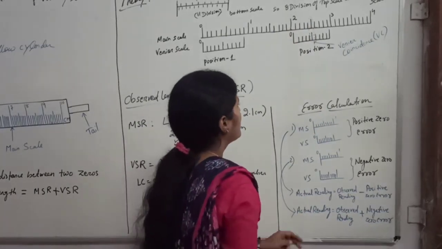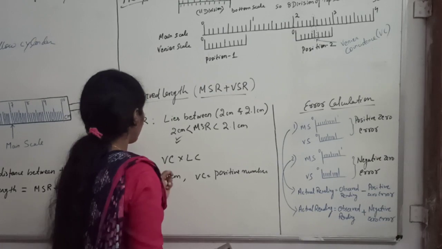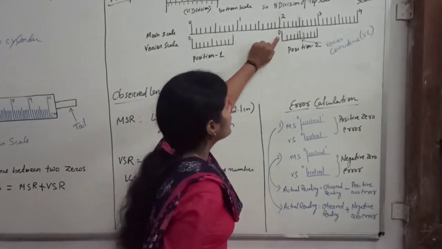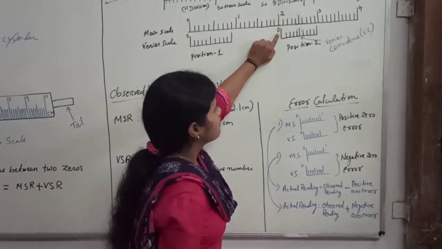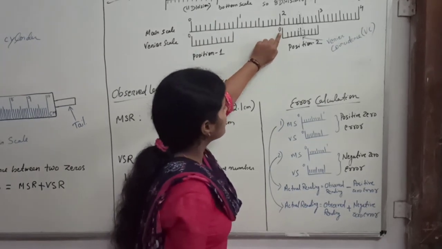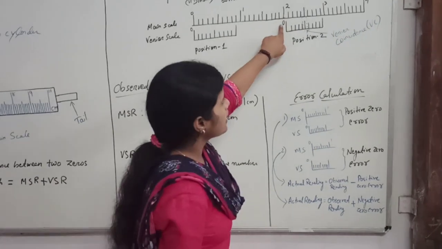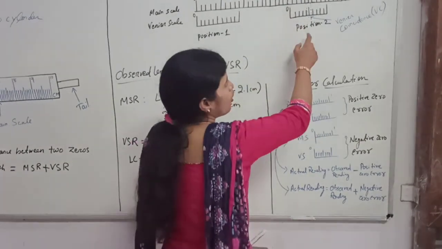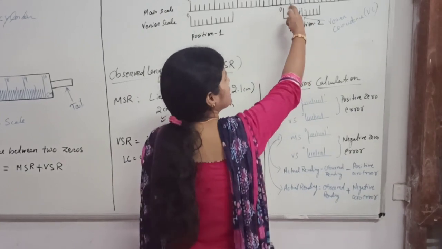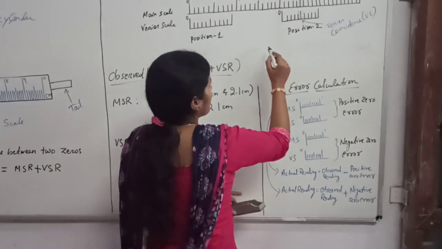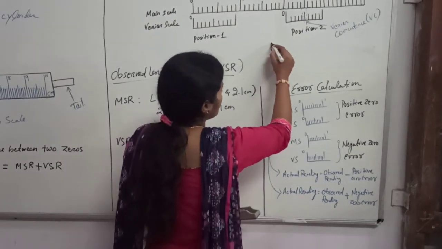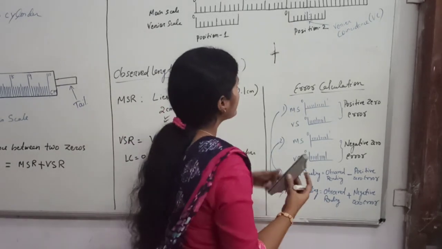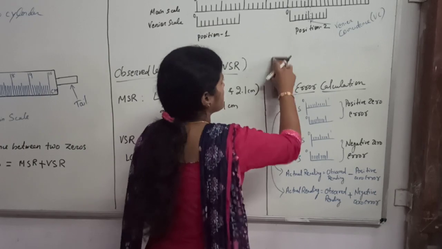How to find it? For vernier coincidence, you have to ignore the zero line of the vernier scale, and then we have to see which line of the vernier scale will coincide. Coincide means completely in one line, one single line. Then we will say that is the value of the vernier coincidence.